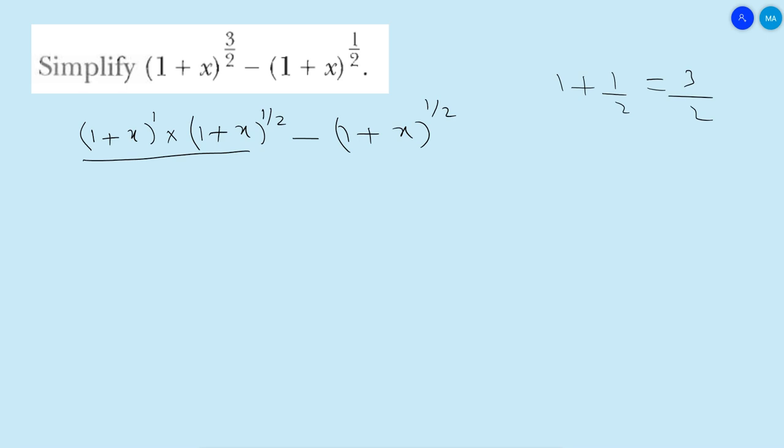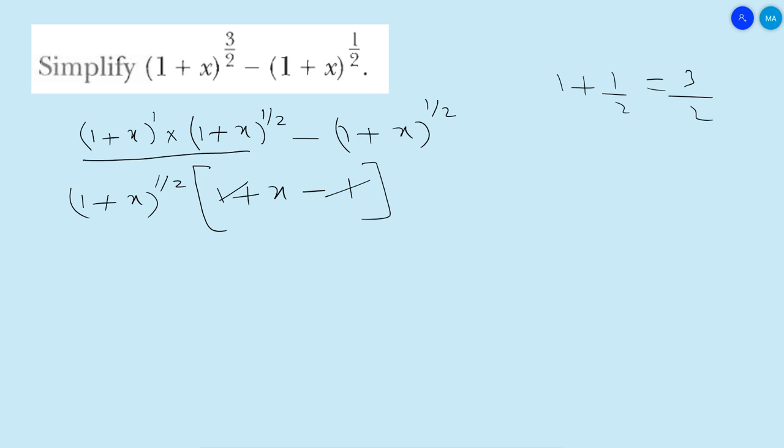So we can do this. Now, taking (1 plus x) to the power half common from these two. So (1 plus x) to the power half is outside. This is only 1 plus x minus the whole (1 plus x) to the power half is outside. So there is nothing. If nothing, then 1.